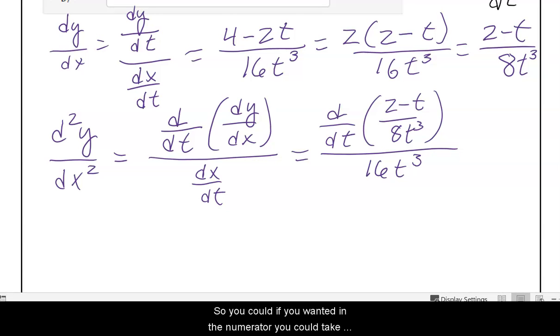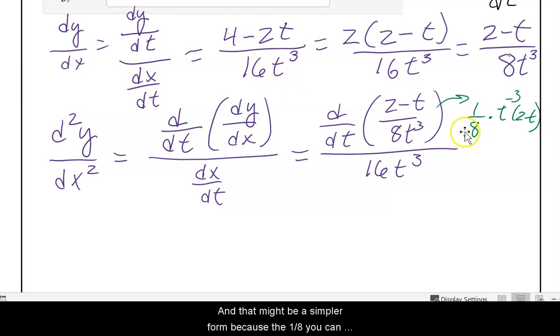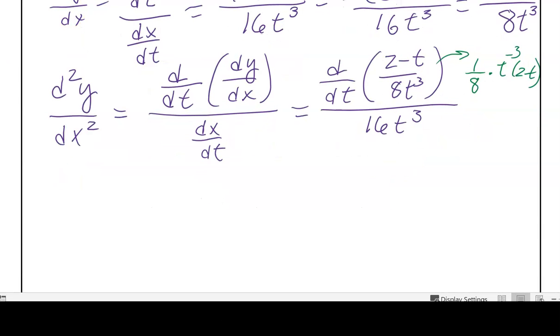So you could, if you wanted, in the numerator, write this as 1/8 times t to the negative 3 times (2 minus t). And that might be a simpler form, because the 1/8 you can pull completely outside of the derivative, and then you could apply the product rule instead of the quotient rule, whichever one you prefer. So we can do, oh, I don't know, let's do the quotient rule just for fun.